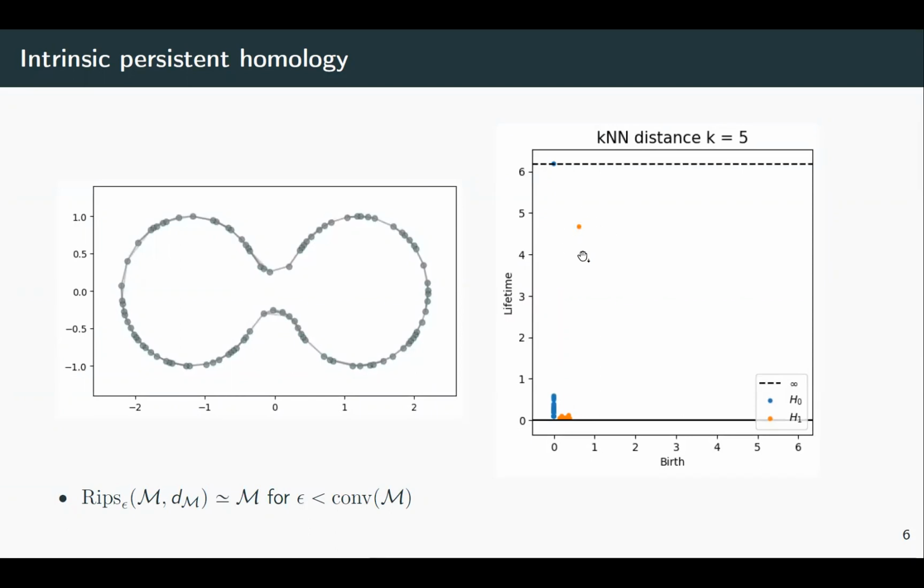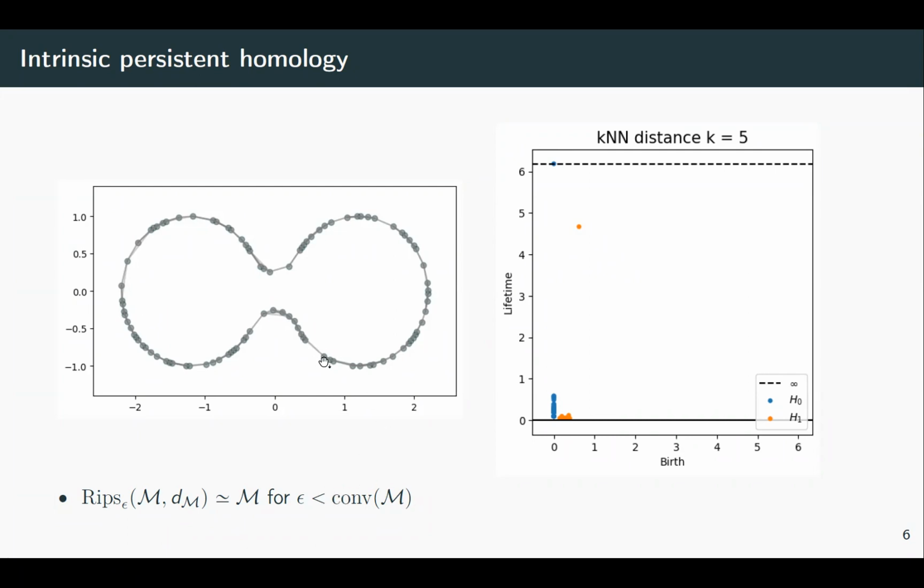In this case, we recover the single generator of the first homology group, and you can see that this generator persists longer than in the previous case. That's because the Rips complex computed using the intrinsic distance preserves the homotopy type of the manifold up to a parameter that is less than or equal to the convexity radius of the manifold.